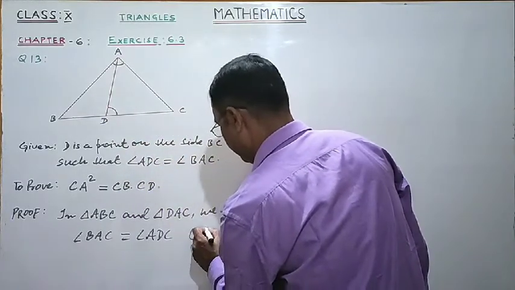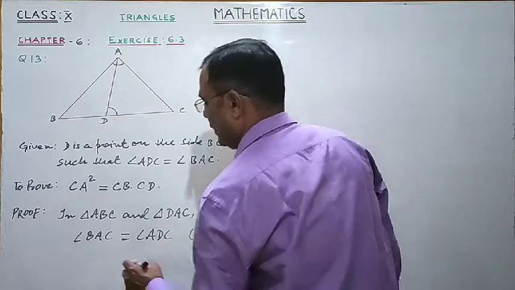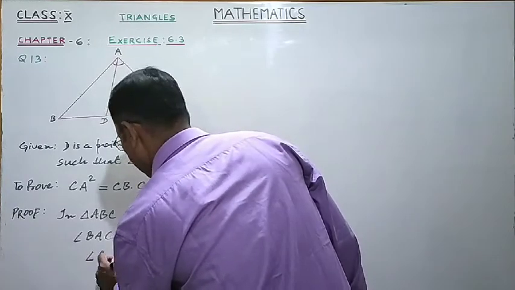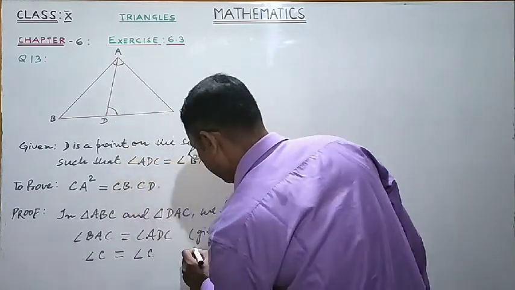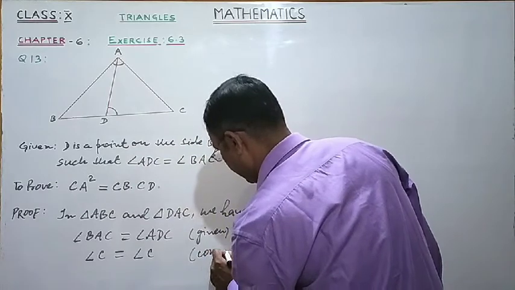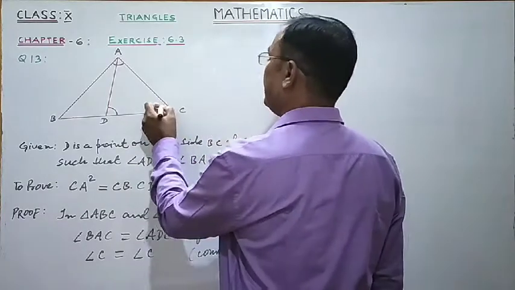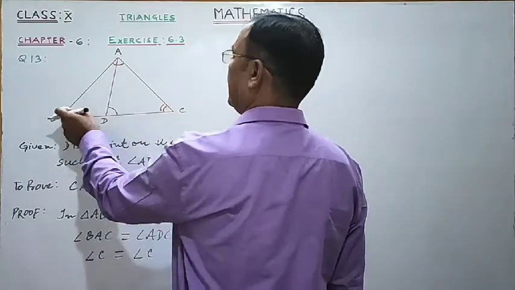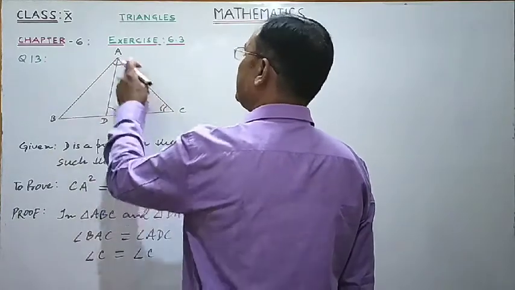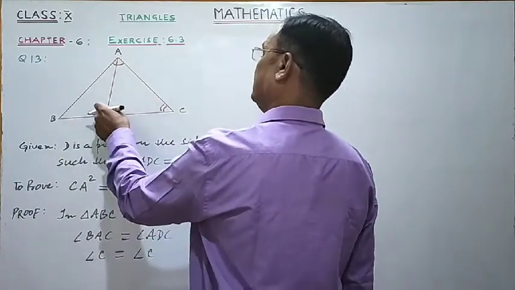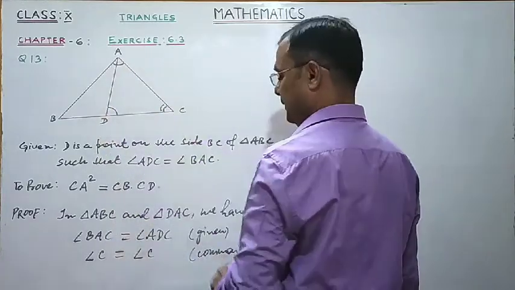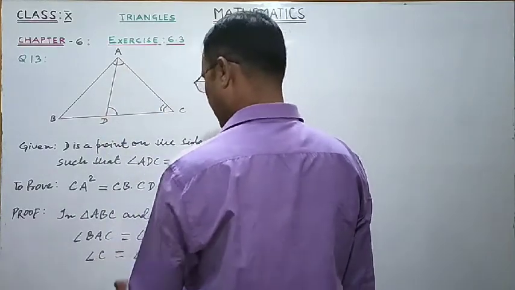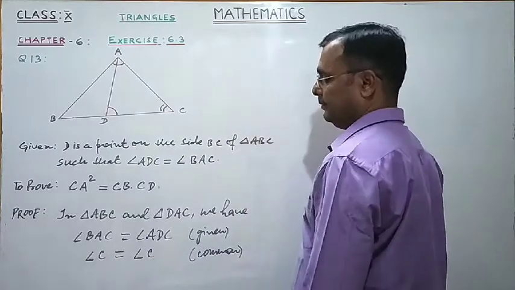This is given. And angle C is equal to angle C, common angle. Angle C is in both the triangles, in triangle ABC and also in triangle DAC. So angle C equal to angle C, common angle.